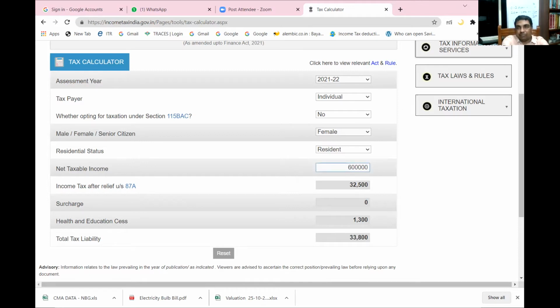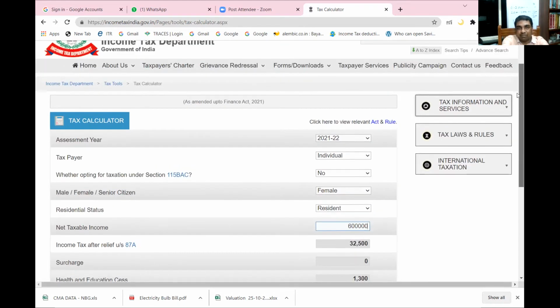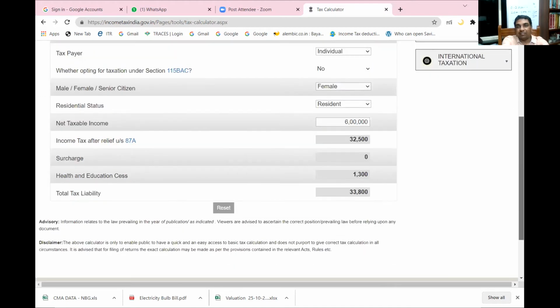Okay, now let us go for the new scheme. Everything is the same, but I am selecting Yes here. Yes means I am opting for section 115BAC, meaning I am opting for the new scheme. First, let me once again ask you to remember: when it was no, what was the tax liability? 33,800 total.